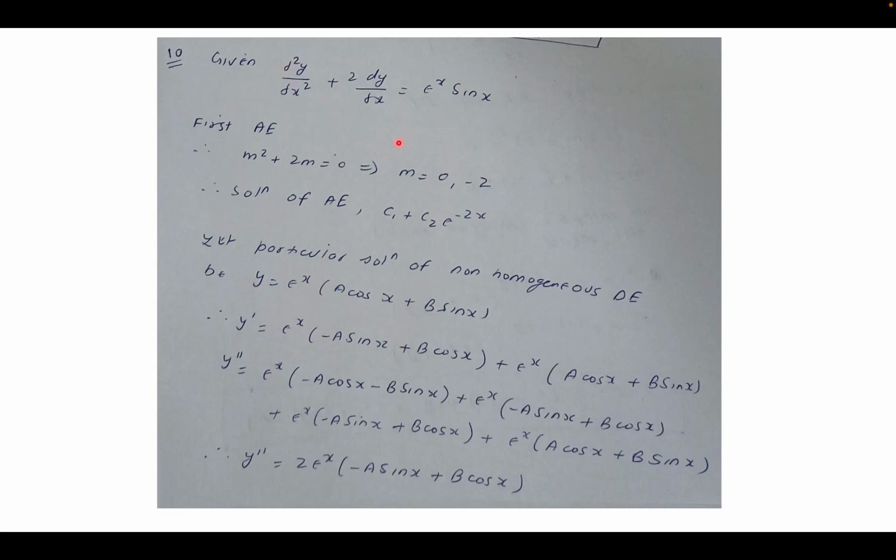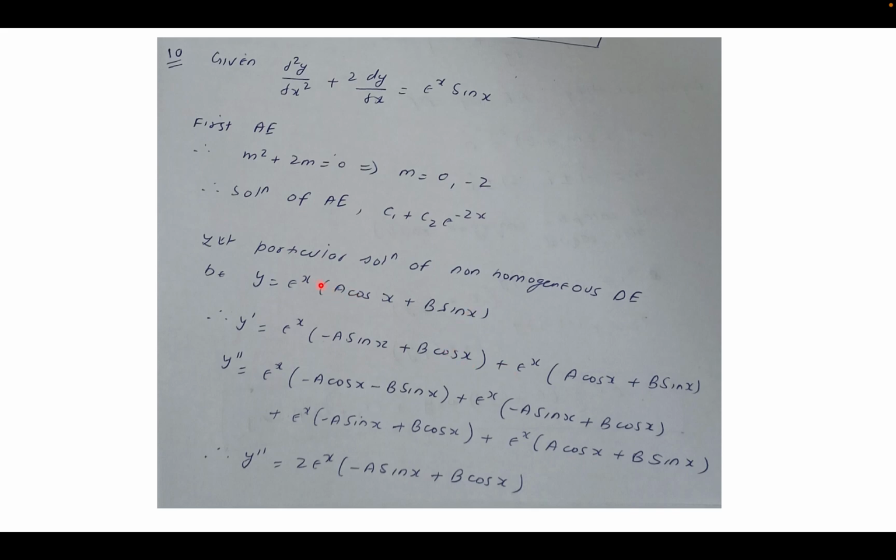So in order to satisfy this given differential equation, I need to have the value of the second derivative, as well as the value of the first derivative of the given particular solution. If I take the first derivative of this, I will get e power x, and then the derivative of cos x will be minus a sin x, and then the derivative of b sin x will be cos x.